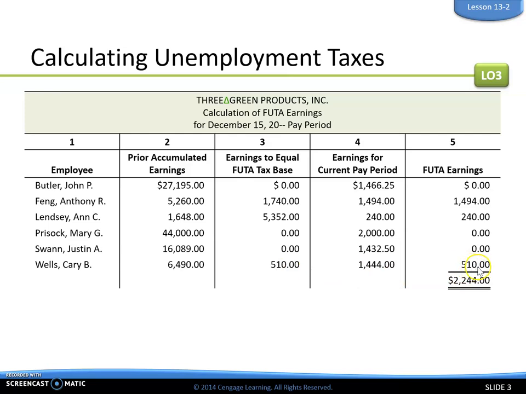So we can only tax $510. Even though Carrie earned $1,444 that pay period, we only have $510 left to tax to get to that tax base of $7,000. So we can only tax that $510. Then we are just adding up all of our FUTA earnings, so what we can tax for unemployment tax here.